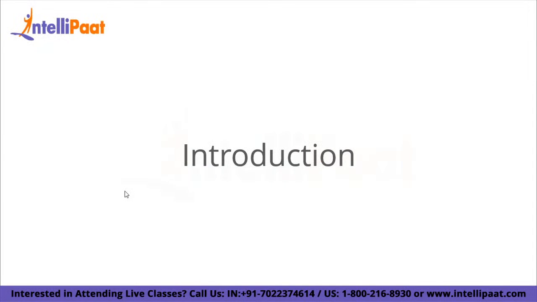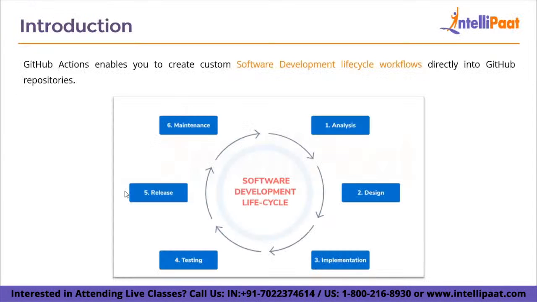Introduction to GitHub Actions. GitHub Actions enables you to create custom software development lifecycle workflows directly into GitHub repositories. In the picture below, I have shown you what a software development lifecycle basically consists of.